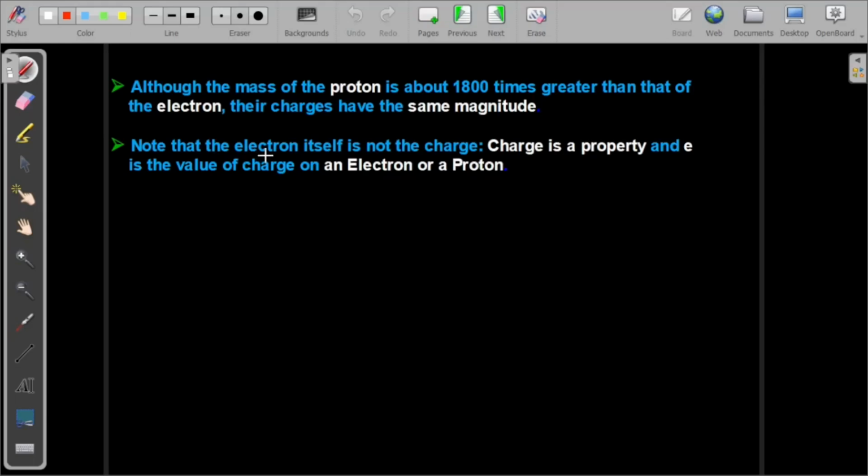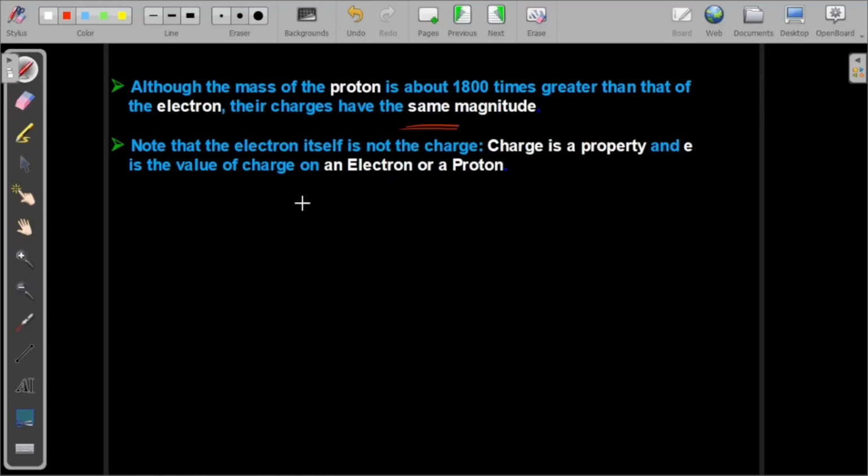That means the proton has more mass than an electron, and although the proton has more mass, still they have the same amount of charge. One proton and one electron have the same amount of charge. Their signs are different, but the value will be the same.